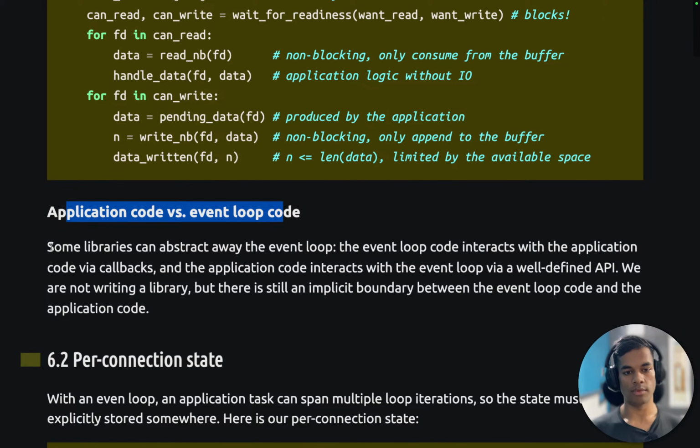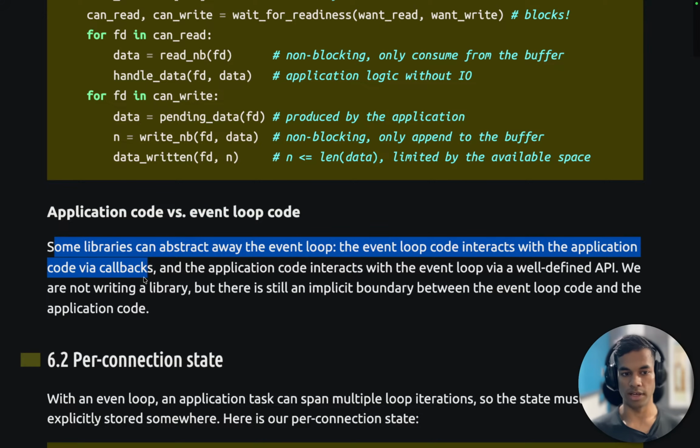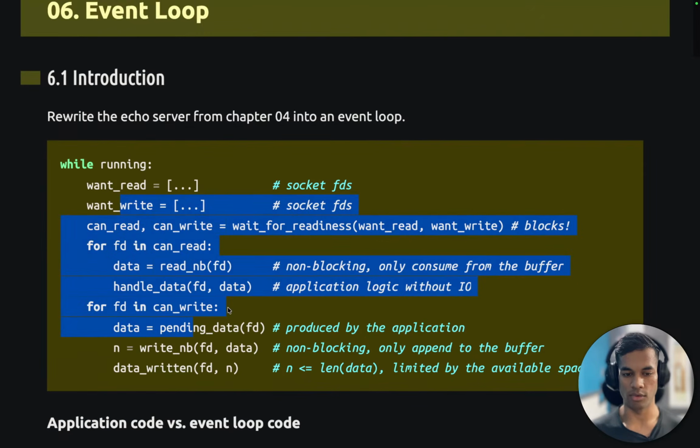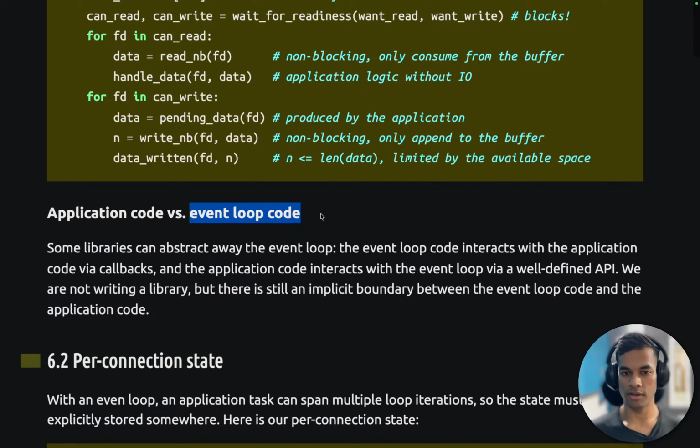Application code versus event loop code. Some libraries can abstract away the event loop. The event loop code interacts with the application code via callbacks. All of this is crazy. So who is doing the callback? The application code is the only code we can write, so there is another thing called event loop code.